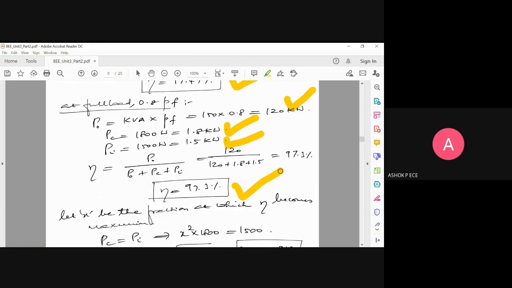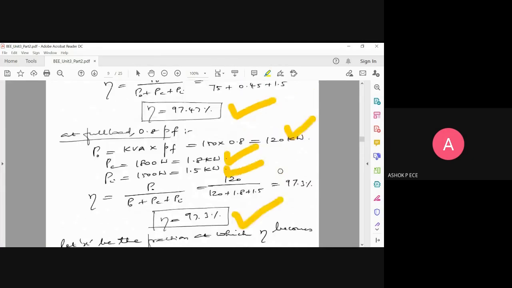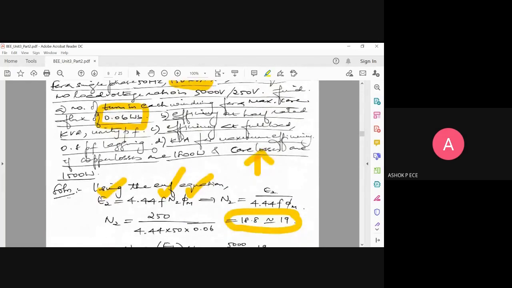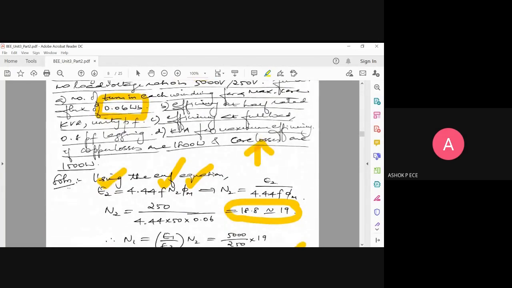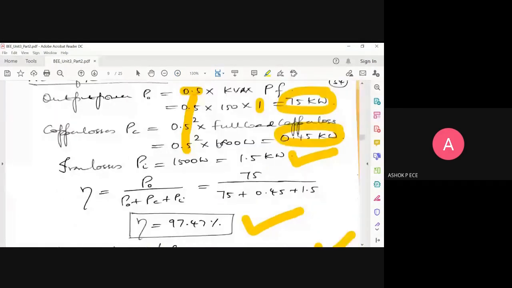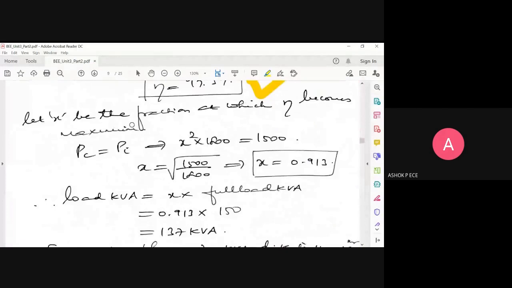Next one, they are asking what is the kVA for maximum efficiency. We have done efficiency at half rated kVA, and the efficiency at full load we have computed. Now we are going to find the kVA for maximum efficiency. For maximum efficiency, the copper loss must be equal to iron loss. But copper loss is 1800 and iron loss 1500. They cannot be exactly the same, so we are going to find by what fraction they are going to be the same.